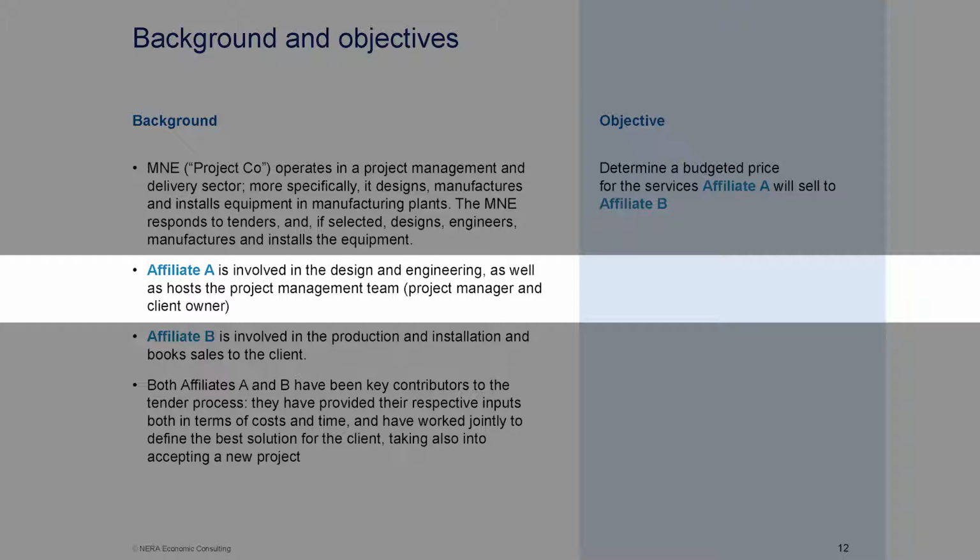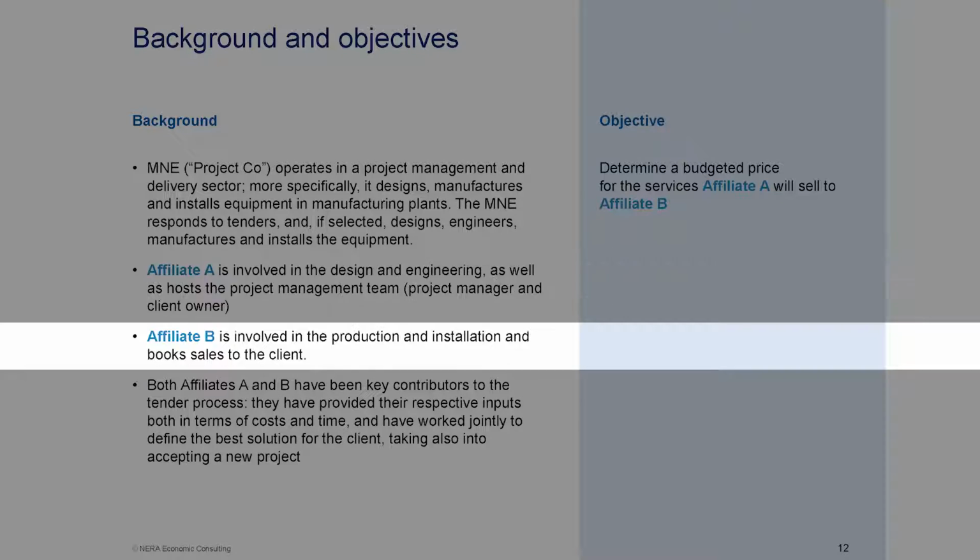And the project management team is very much involved in ensuring that the project goes well, including vis-à-vis the client. But affiliate B is also bringing an important contribution to the overall project because it is responsible for the production and the installation of the products at the client premises, meaning industrial clients as well, and it books sales to the clients.